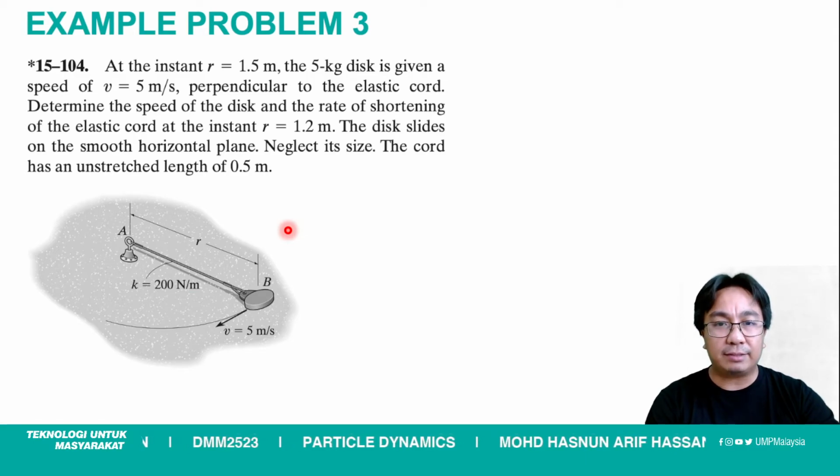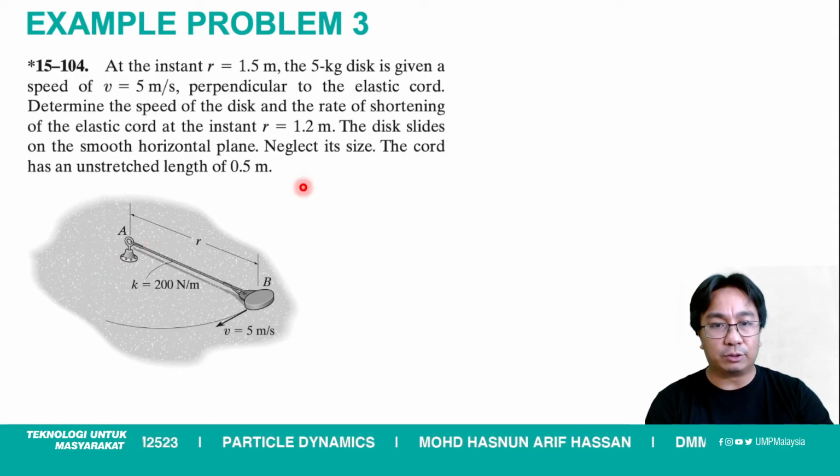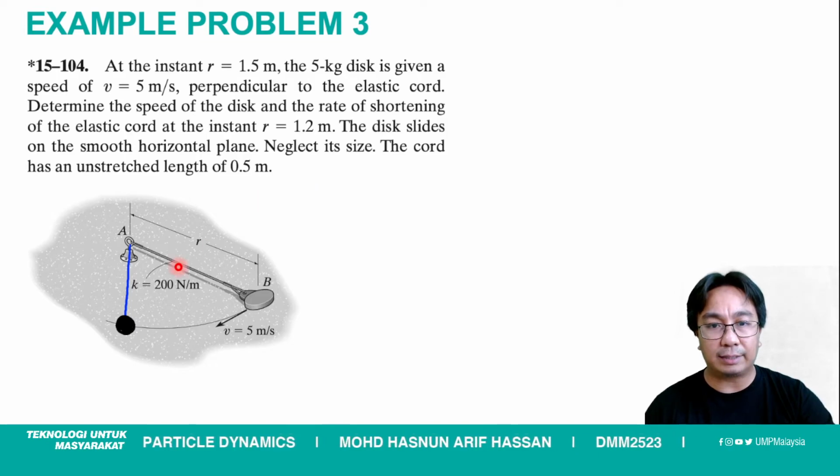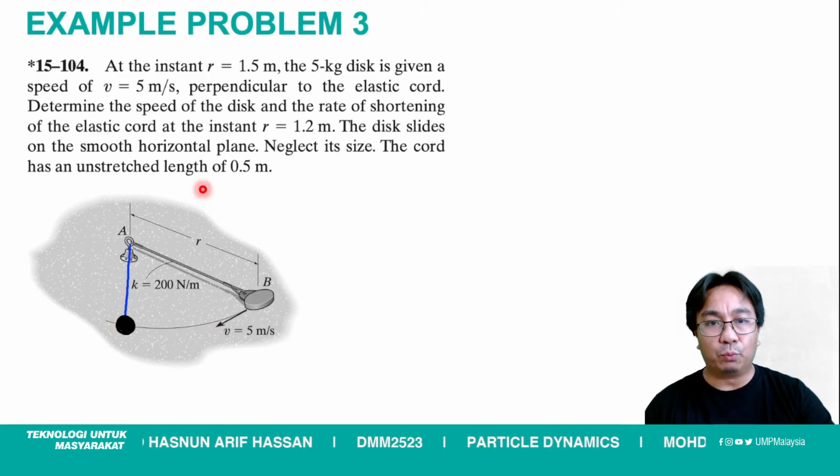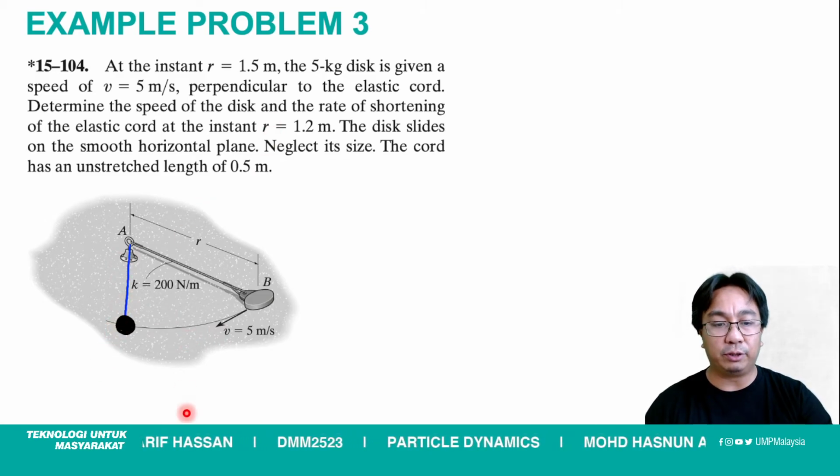Okay, let's draw when r equals 1.2. The cord has moved here. The disk has now moved here, with r now equal to 1.2.